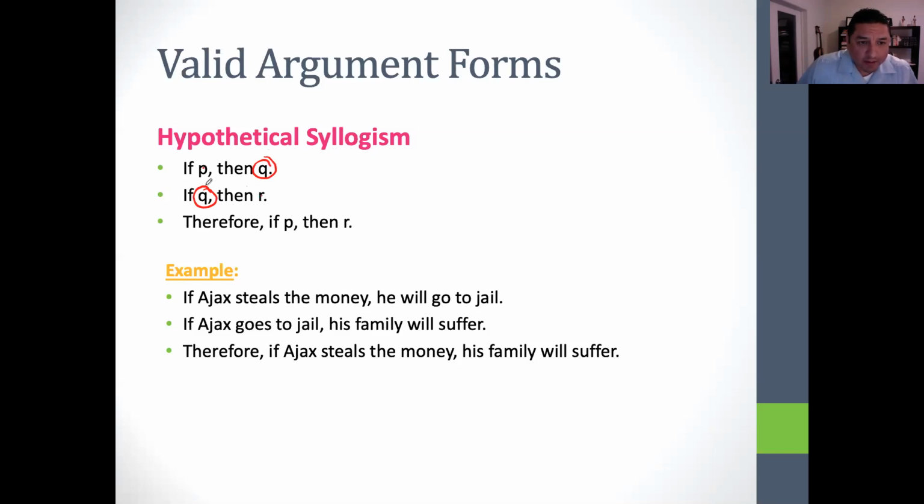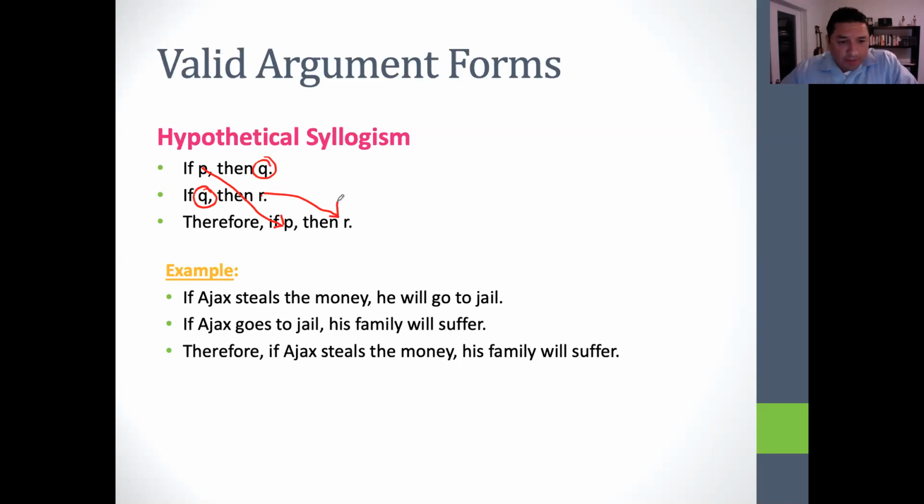So when you have this form where Q is an antecedent in one conditional and then the consequent in another, then you can go ahead and just bring this variable down here, the antecedent. Notice the antecedent P is going to be down there, and then this will be the consequent over here in this R. So you're going to just drop the Q's, and then bring down the other variables, and keep them in whichever slot they were originally in, whether it was antecedent or consequent.